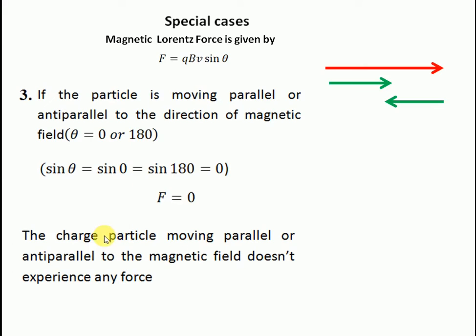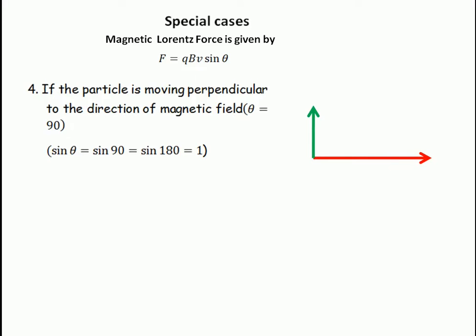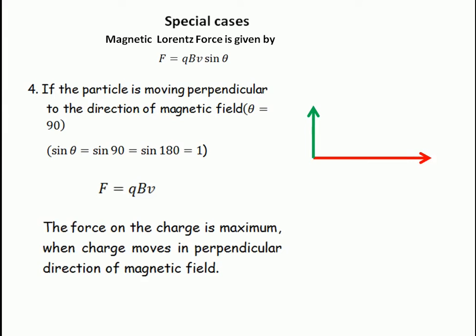So there is no force on a charge when it moves parallel or anti-parallel to the magnetic field. The last case: if the direction of motion is perpendicular to the magnetic field, theta will be 90 degrees and force will be qBv. Then the force is maximum on the charge.